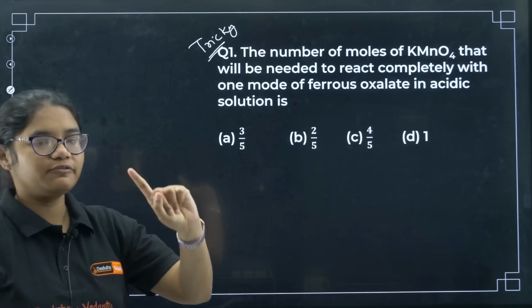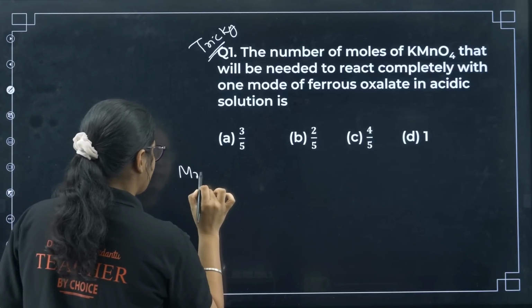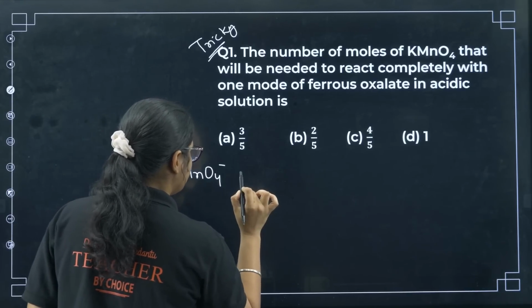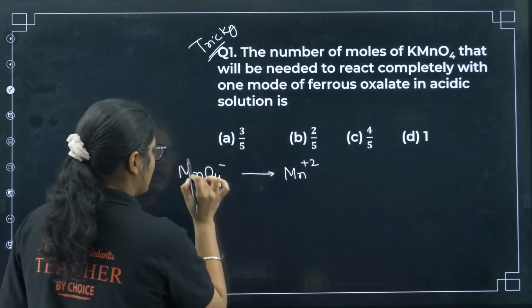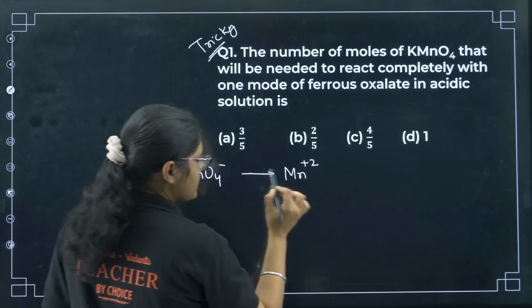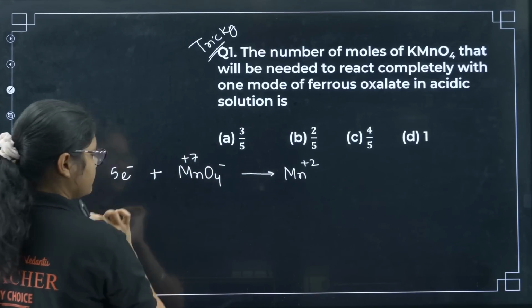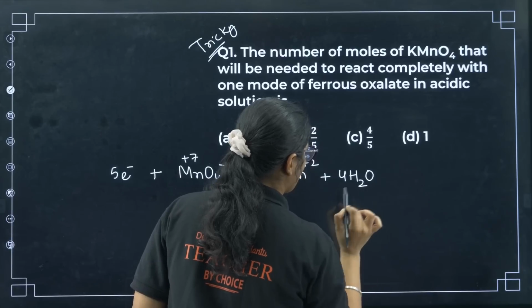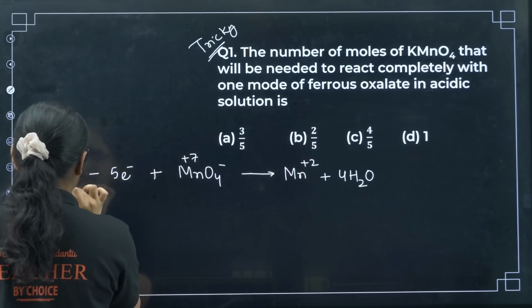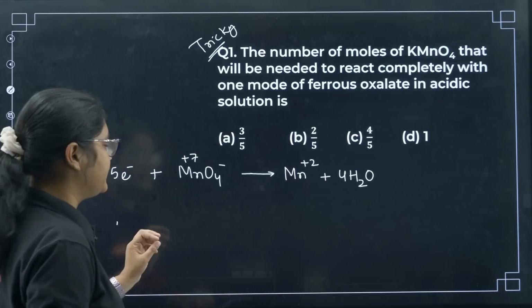If 1 mole of MnO4 minus in acidic medium gets reduced to Mn2 plus, Mn plus 7 to plus 2, there is a gain of 5 electrons. Then we have 4 water to balance the oxygen, and here I have 8 H plus.